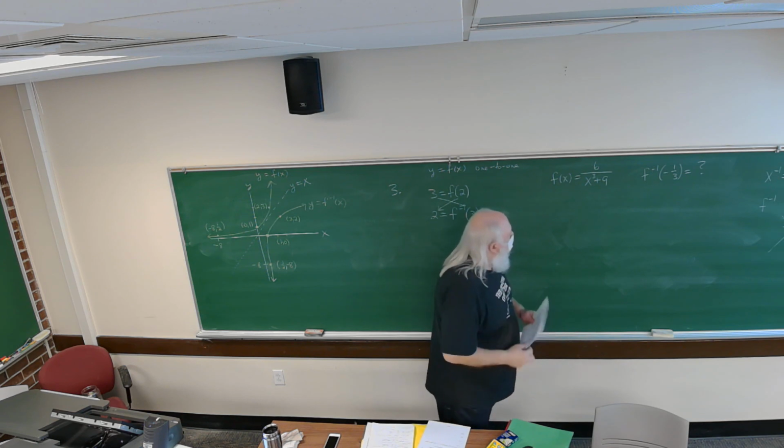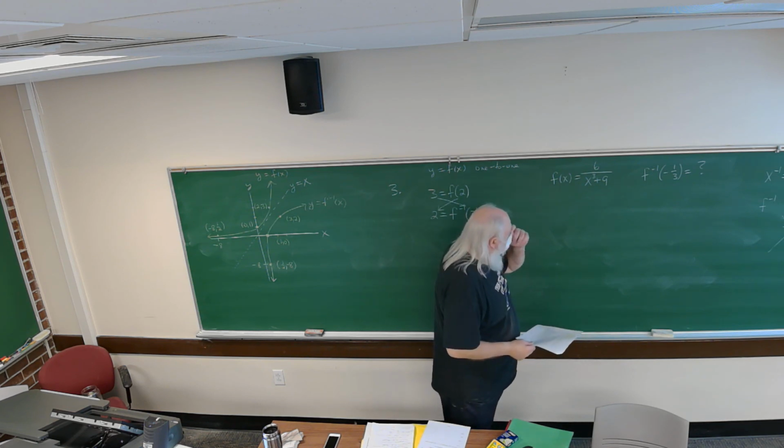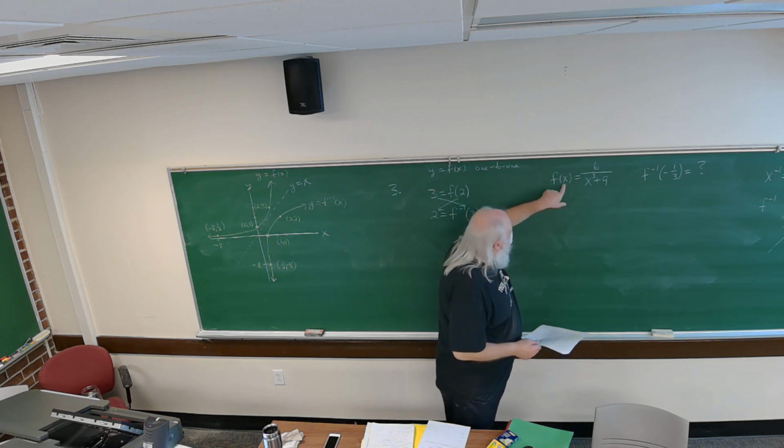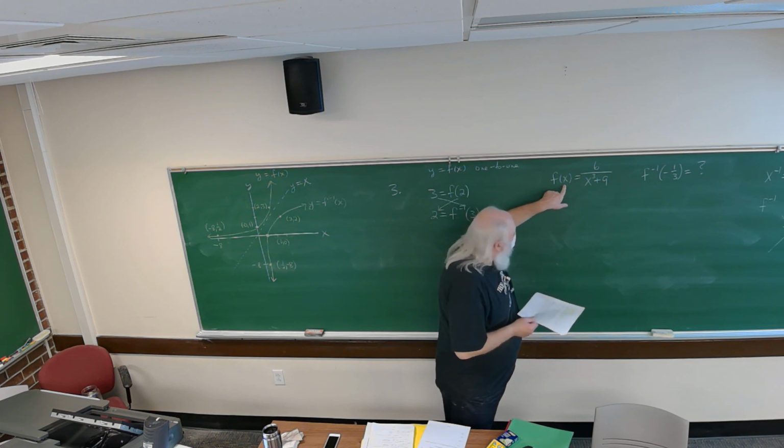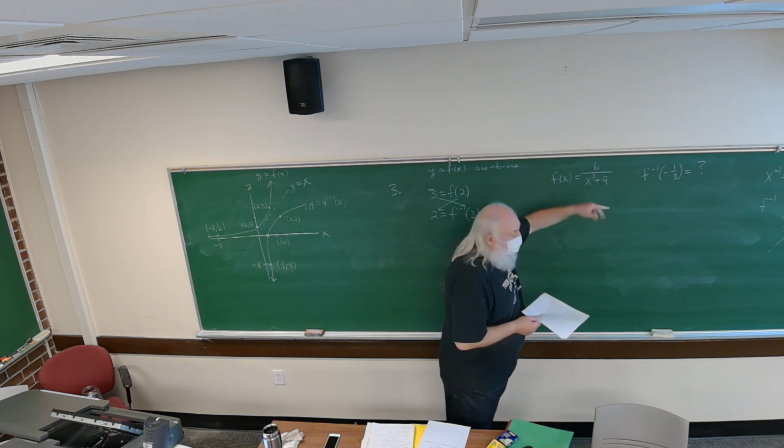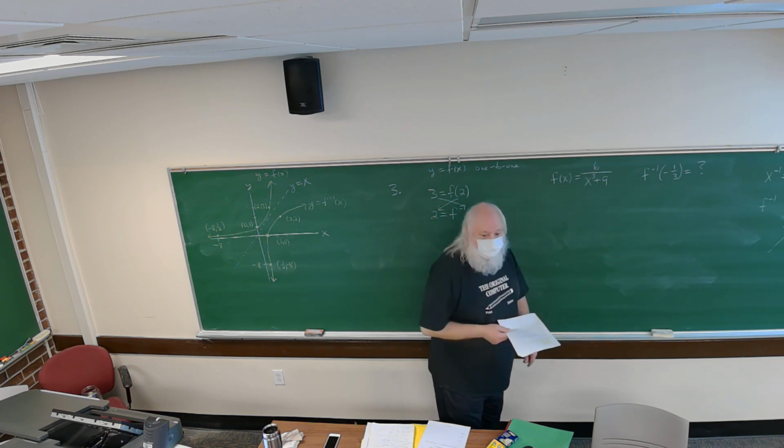So there is some value of x, and when you put in for x in f of x, this on the right hand side is equal to minus 1/3. What is that value of x?